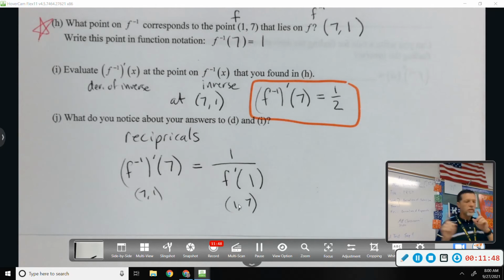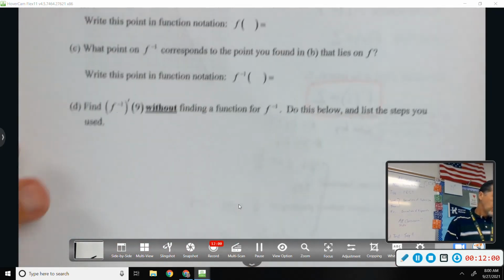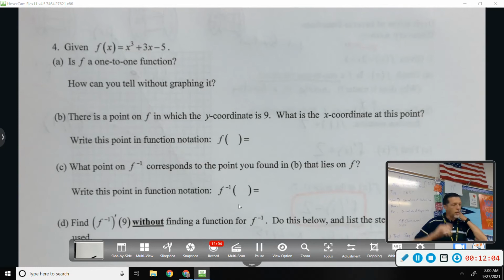Because (7, 1) and (1, 7) did a little bit of trading places there. We're headed towards something with that inverse thing, with that switch in x and y, with the reciprocal.